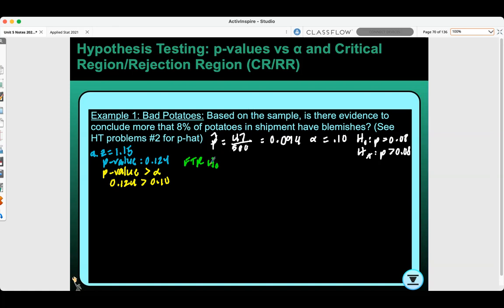Not sufficient evidence to suggest more than 8% of the potatoes in the shipment have blemishes.